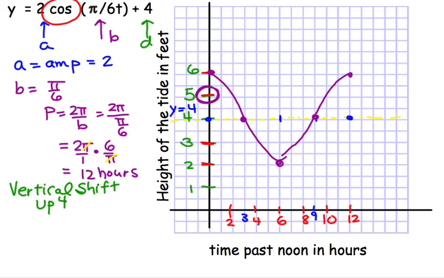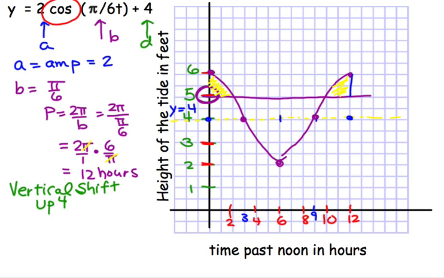So now let's draw a line. Do you agree that this time right here, and this time right here, is the time that it's above 5 feet? Yeah. So how many hours is that?